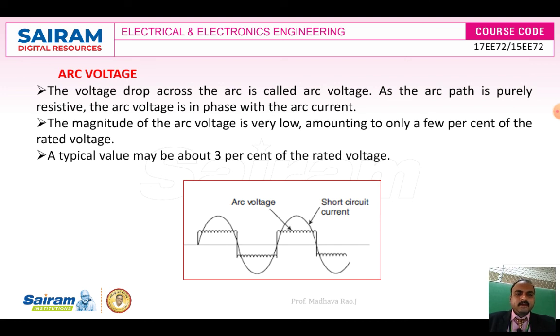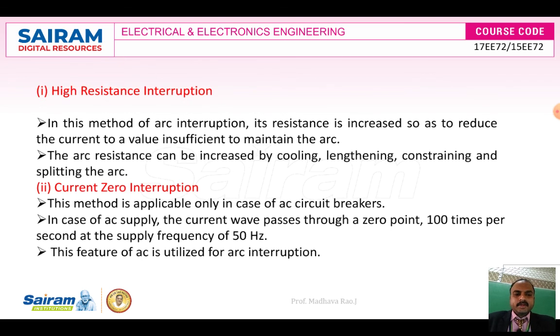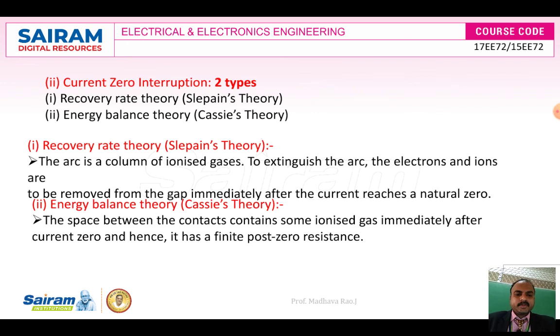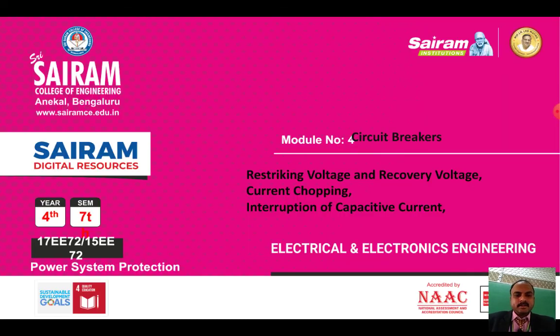Arc interruption means we need to eliminate the arc, using two methods: the high resistance method and the current zero interruption method. In the graph we can observe the dielectric strength and restriking voltage magnitude when the arc extinguishes and when it does not. In the next video we will see these topics.